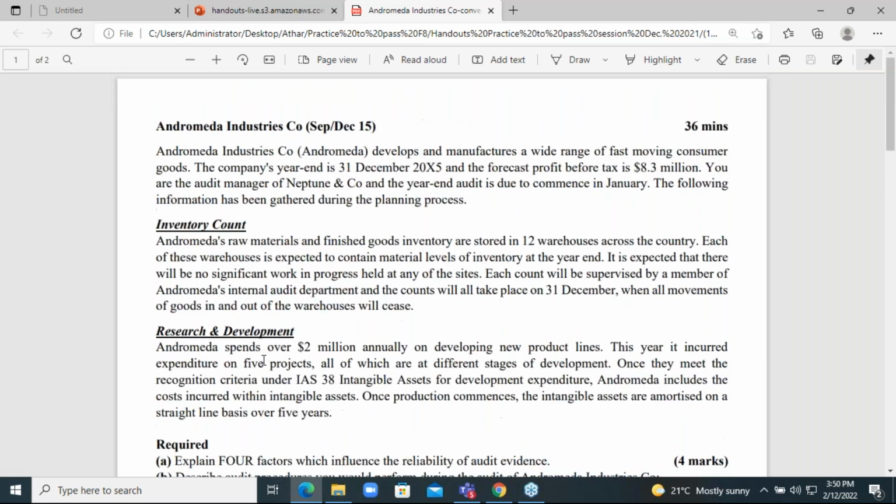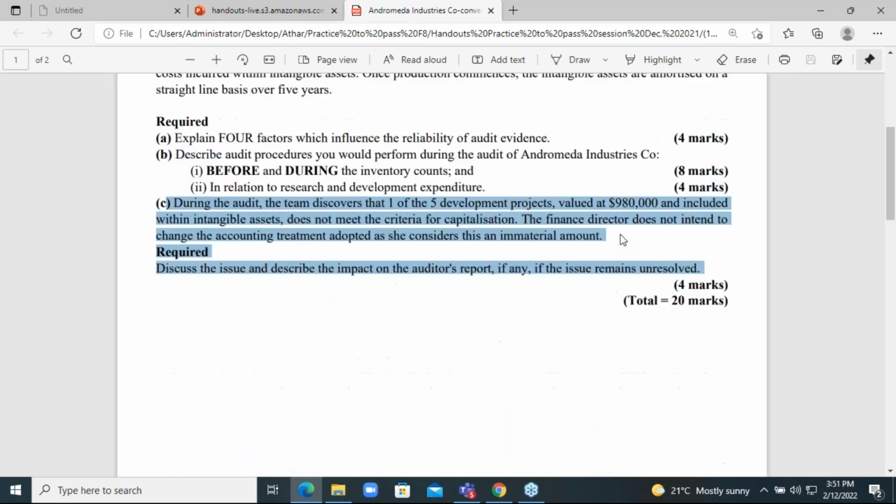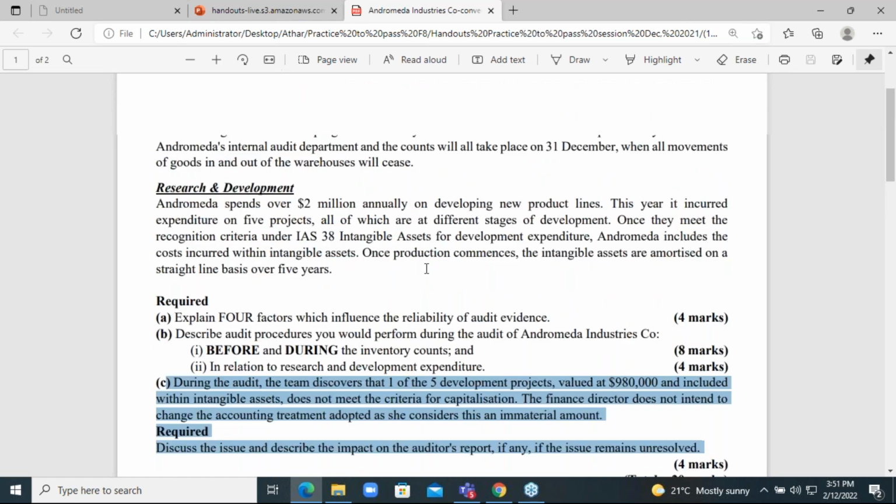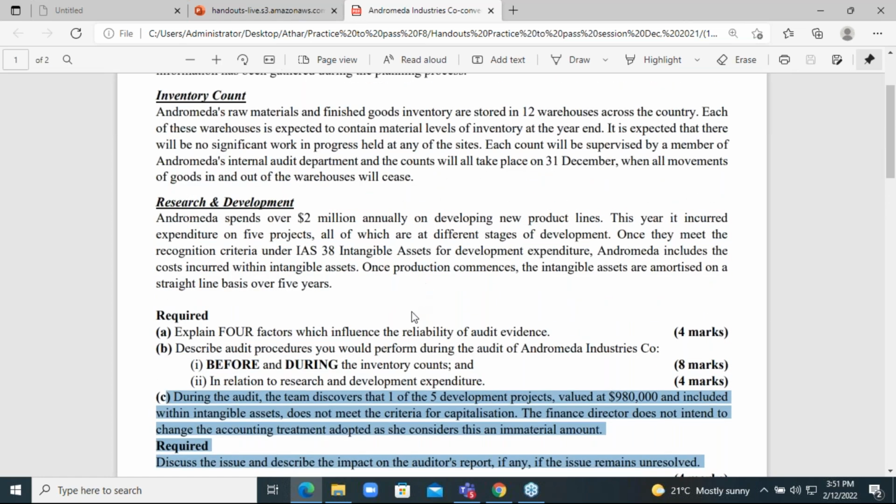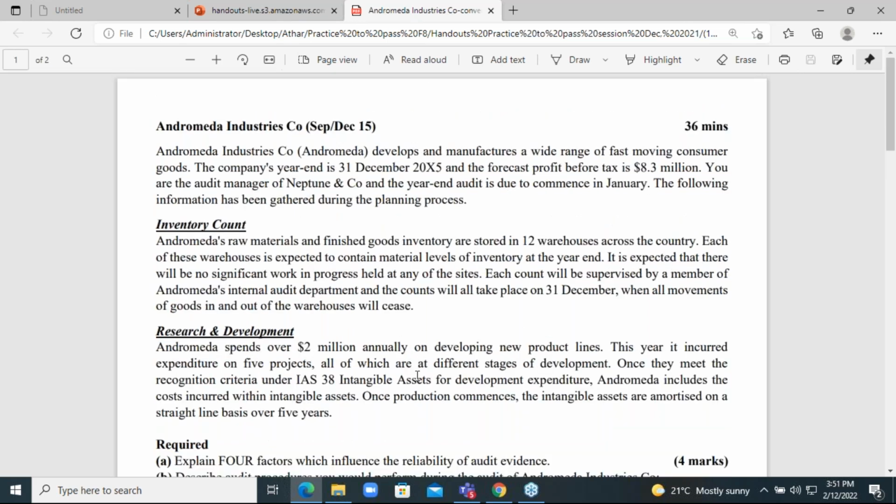Now this was the issue. Andromeda spent over 2 million annually on developing new product lines. Among that 2 million, 980,000 has been found as a material misstatement. Now, if we go back to the data, we can see there is a profit before tax of 8.3 million.